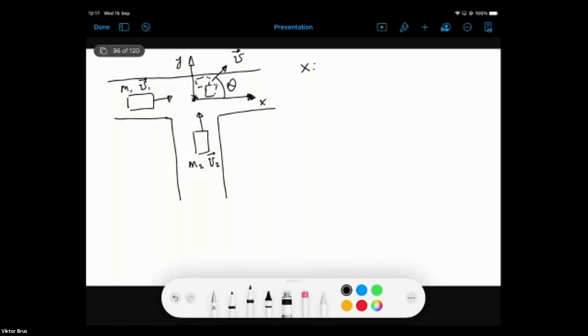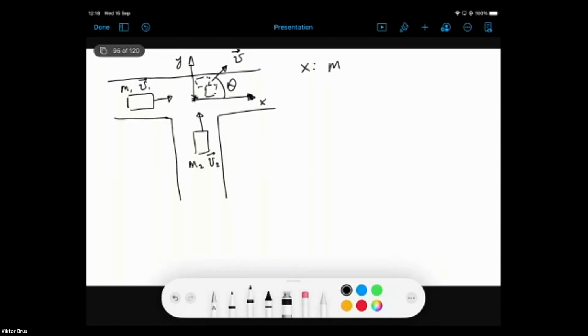So this concept is not applicable for inelastic collisions. So we deal with conservation of linear momentum.